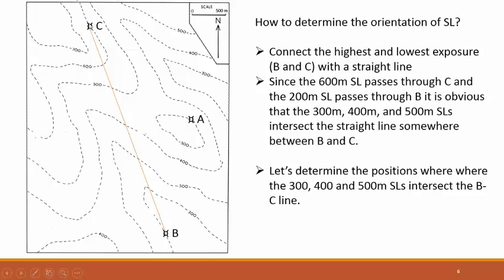In our case, this would be connecting point C with point B. Since we know that the 600-meter strike line runs through C and the 200-meter strike line through point B, we know that the 300, the 400, and the 500-meter strike lines must intersect somewhere on this line between these 2 points. So let's determine the positions where the 300, 400, and 500-meter strike lines will intersect this connecting line B to C.